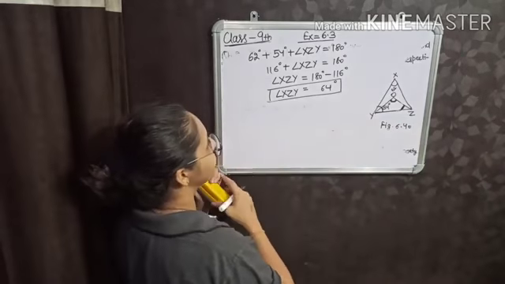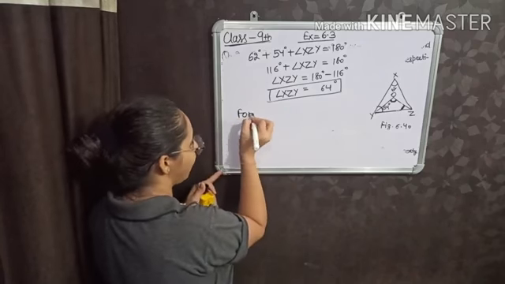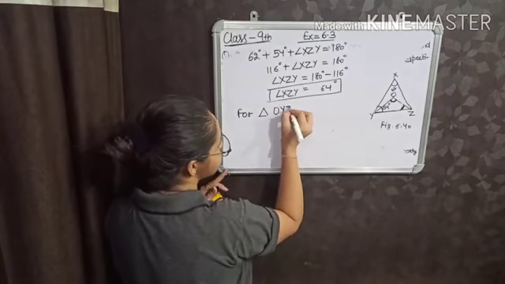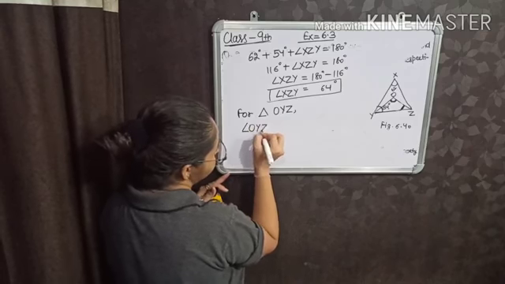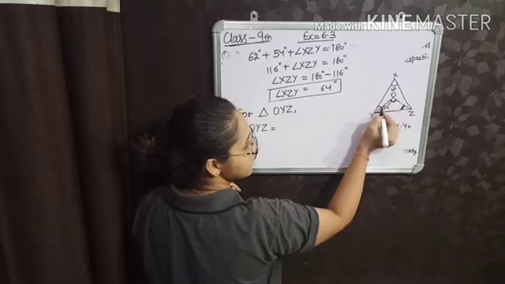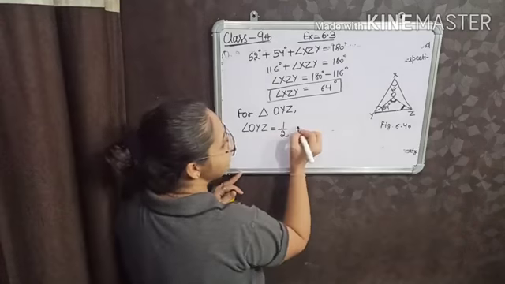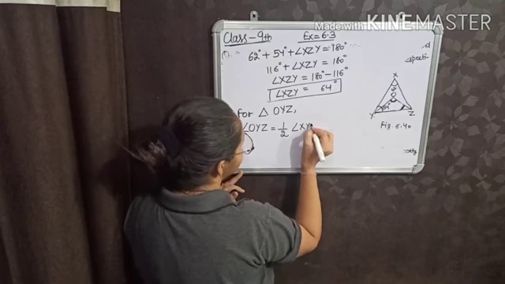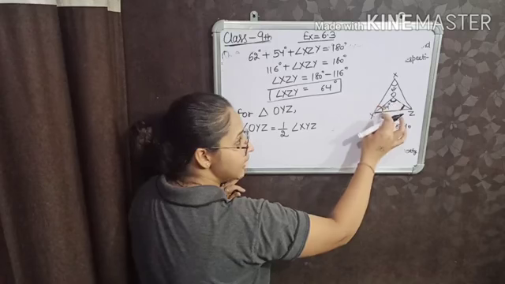So I can write, for triangle OYZ. Now I am taking the small triangle OYZ. First, I will find this angle, angle OYZ. The small angle is equal to 1 by 2 of angle XYZ. Why? Because this OY will bisect this complete angle.